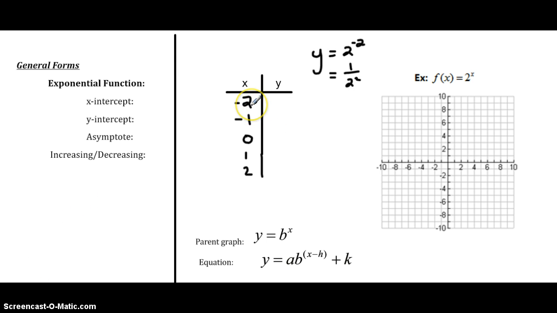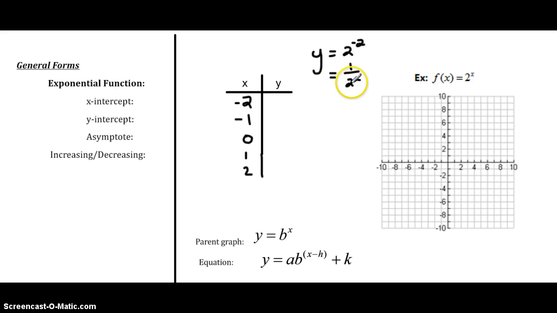Okay, so for -2, you plugged it in for the x, so you have y equals 2 to the -2 power. Remember, a negative exponent means you're going to be moving it down, so it's going to be 1 over 2 squared, and you lose the sign then.